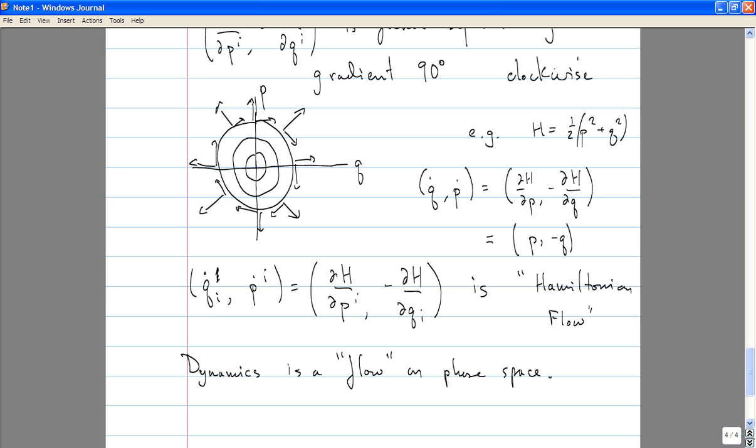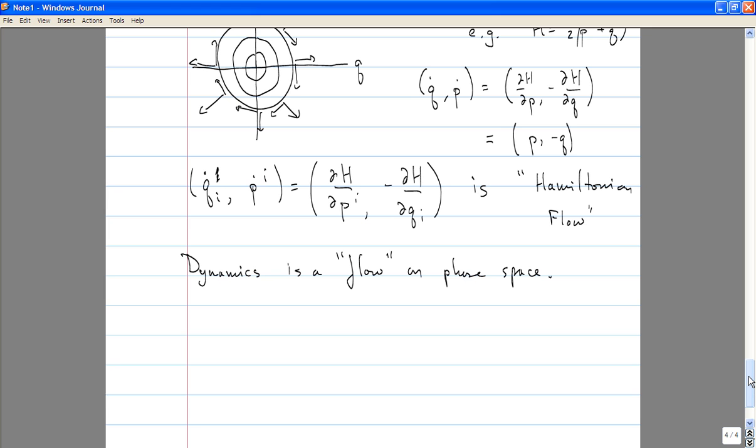Now, there's a bit of formal mathematical words that people associate with this. So rather than writing Q's and P's everywhere, if I wanted to, I could think of the Q's and P's not as separate objects, but I could define one collective coordinate on phase space.